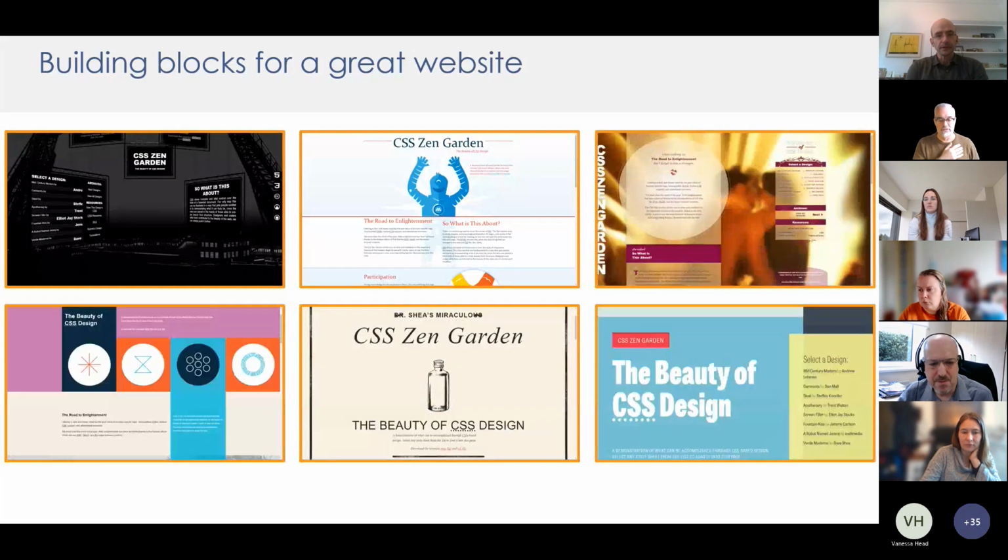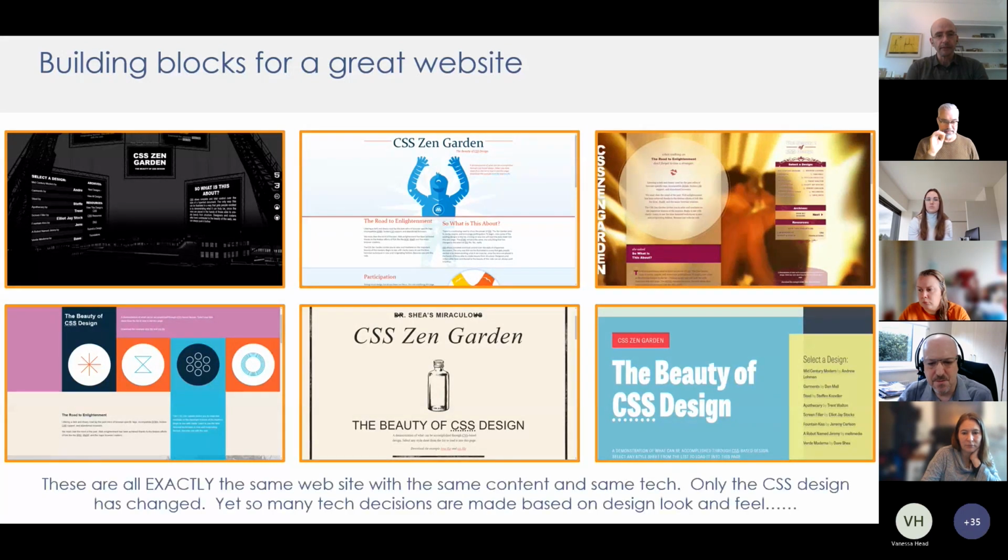Now, the point of this is these are all exactly the same website. It's exactly the same content, surfaced with exactly the same technology. All that's changed is the branding through the CSS in this particular case. So this shows you how easily you can have a website and change its surface, change how it looks and feels.